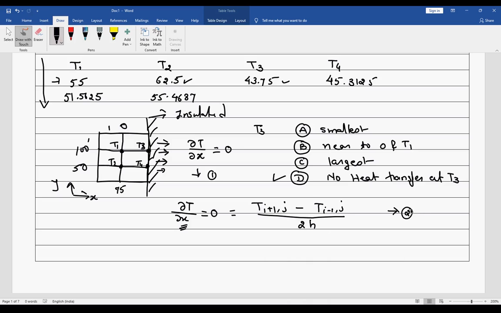So this is equation number 2. If you understood equation 2 of central difference, type 2. This is the central difference formula.